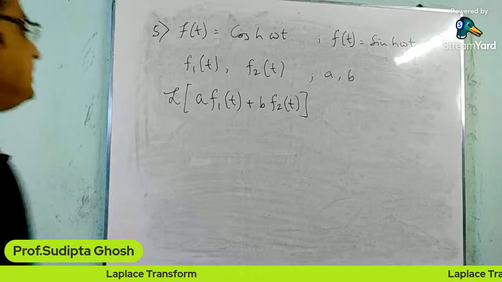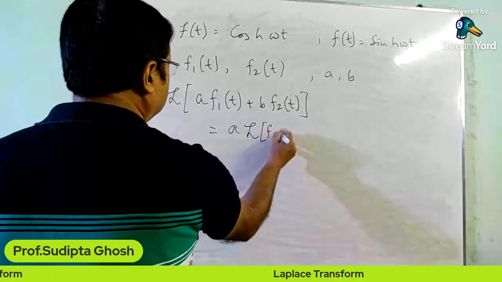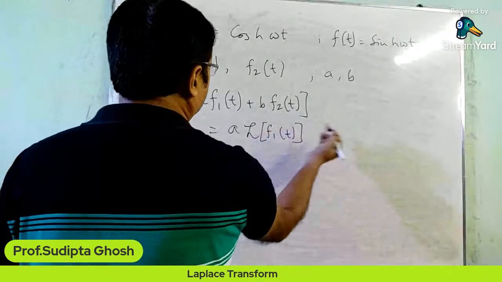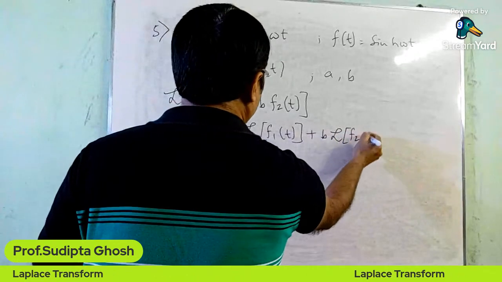We can write it as a into Laplace transform of f1t plus b into Laplace transform of f2t.